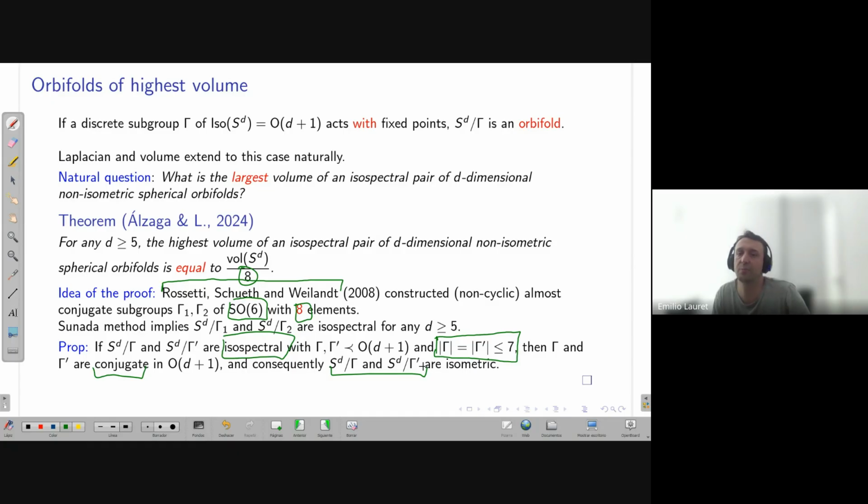There is no isospectrality if you have 7 or fewer elements among spherical orbifolds. So 8 is the best value, the minimum number of elements possible to produce isospectral spherical orbifolds.